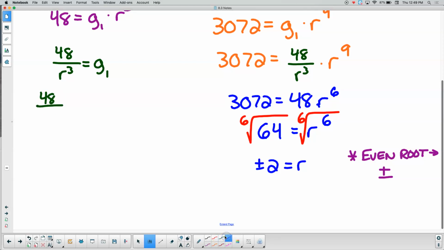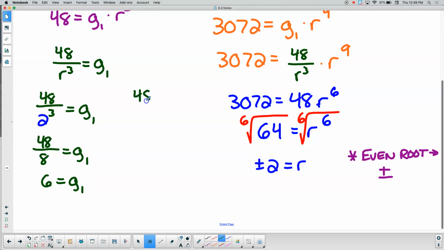If we plug in 2 to the 3rd power, we get 48 over 8, which is 6. But then I'd also have to plug in negative 2.